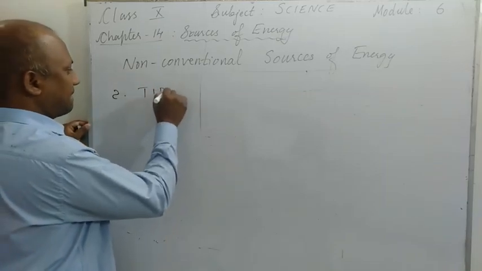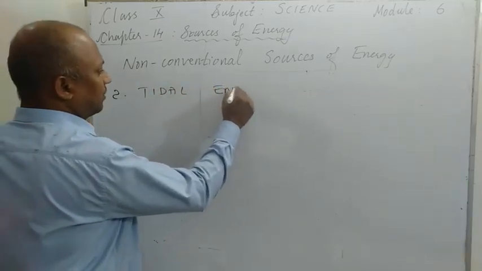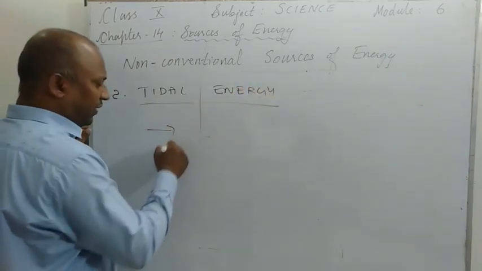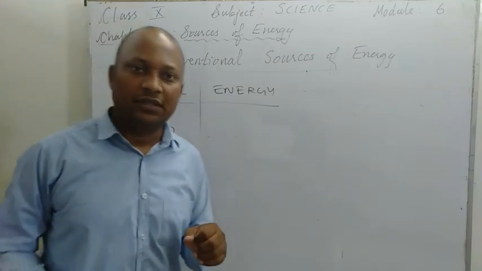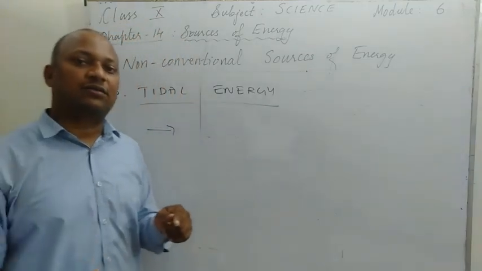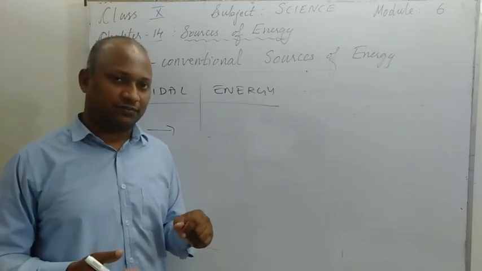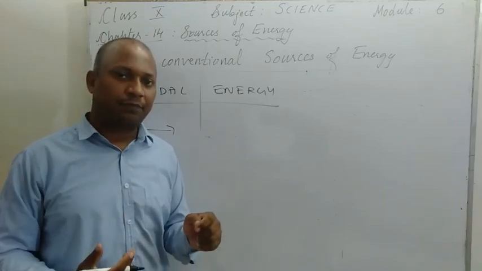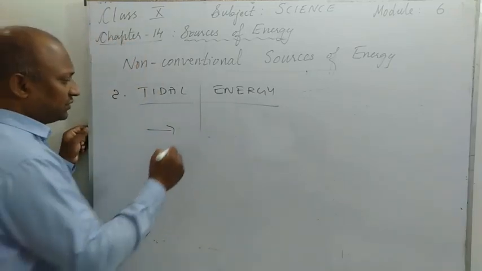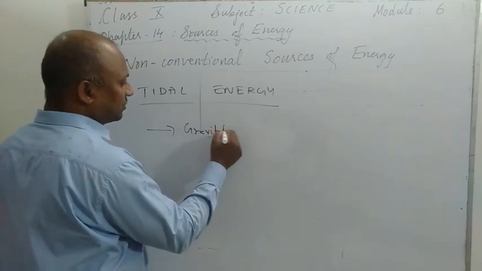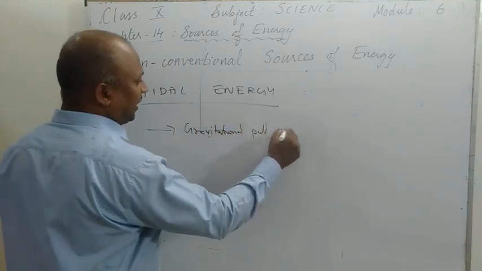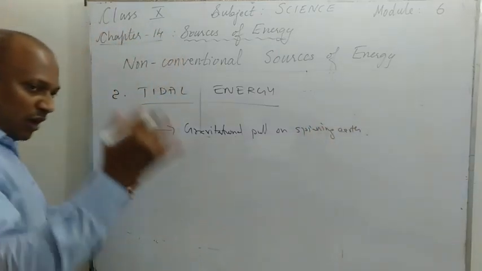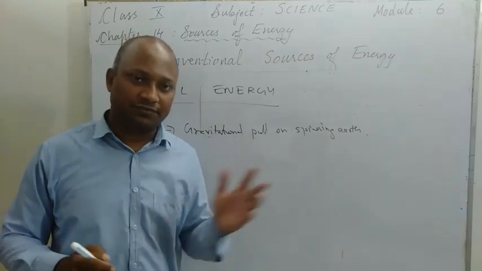The second one is tidal energy. What is tidal energy? What is a tide actually? When the moon is revolving around the earth, the spinning earth, there is a gravitational attraction between the moon and the earth. Because the earth is spinning, one part of the earth is not always towards the moon.